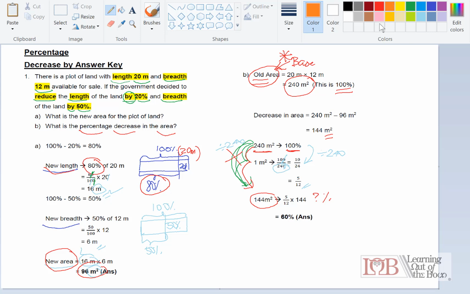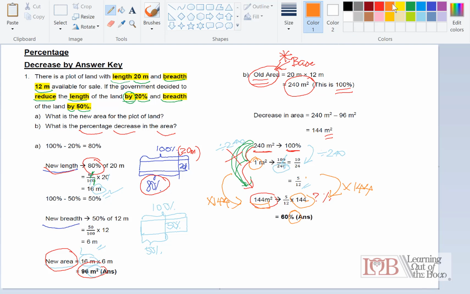Then the second jump, remember the double jump? From 1 to 144, you times 144. Same thing here, times 144. You get 5 over 12 times 144, and you get 60%. Okay?